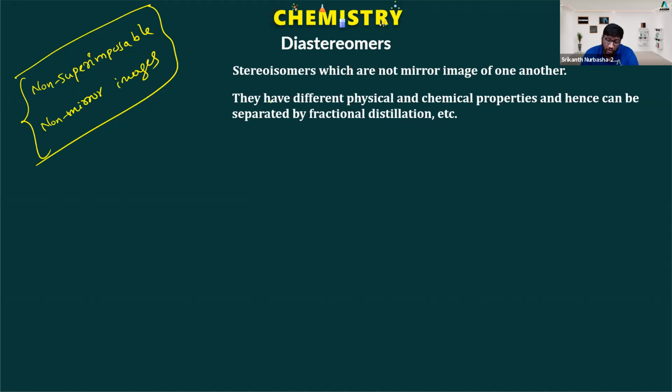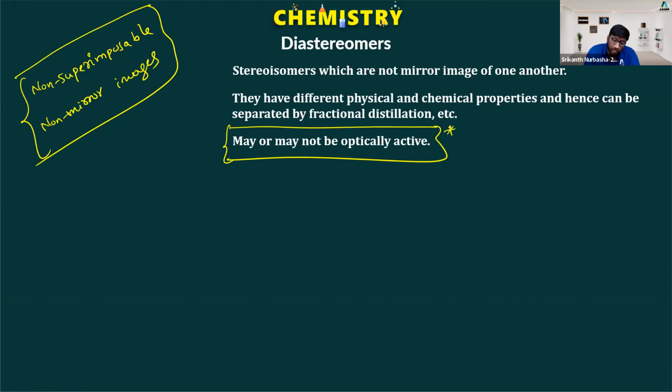But if you look at diastereomers, they have differences. So they have different physical and chemical properties, and hence can be separated by fractional distillation. They may be optically active, they may not be optically active. Generally, cis-trans isomers.